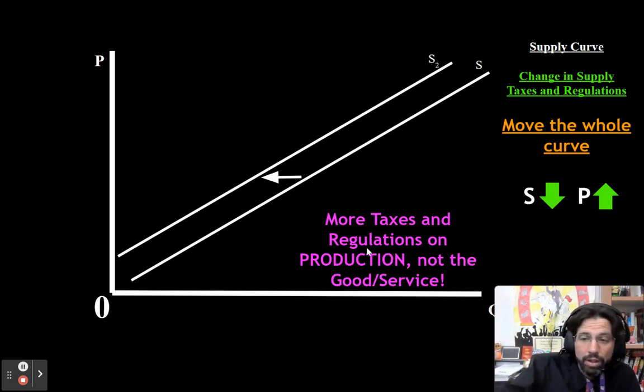Again, taxes and regulation aren't necessarily bad. Things like minimum wage would be considered a regulation, but every time minimum wage goes up, understand that overall the supply of that item goes down, because I have to put more money towards wages and not making more product. Supply goes down, prices are going to rise to match that.